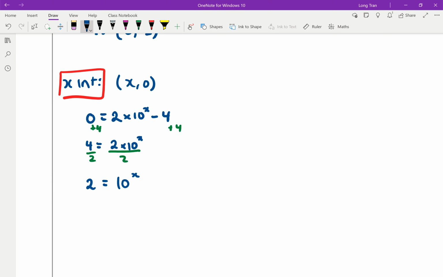And now, to get x by itself, I need to remove that 10. Now, that's exponential base 10. And we know the inverse of exponential base 10 is logarithmic base 10. So I'm now going to do log base 10 of the left-hand side and log base 10 of the right-hand side. So here we can see that that's 10 to the power of x, and over here is 2.